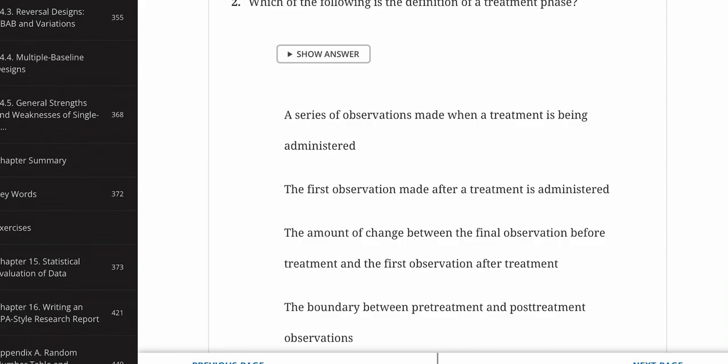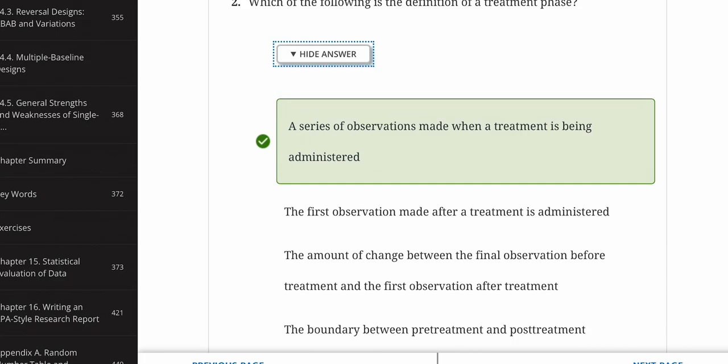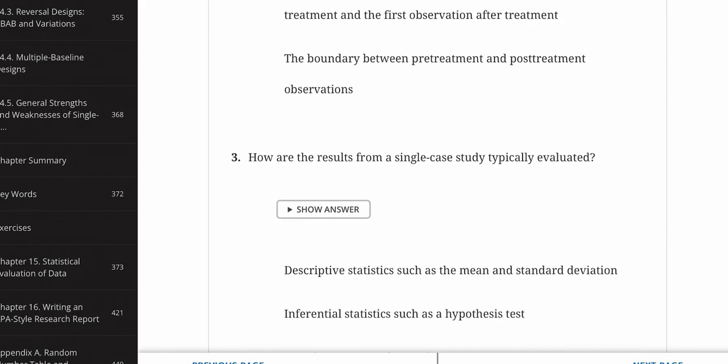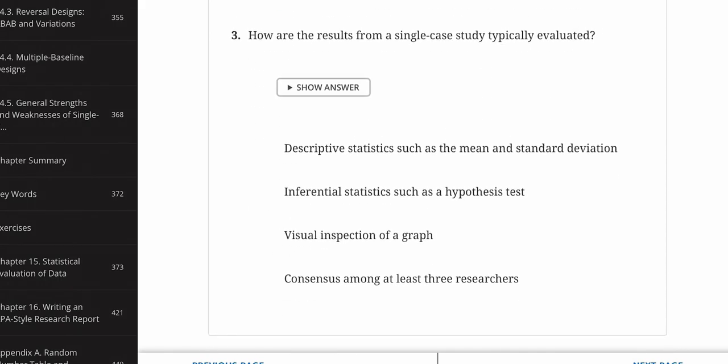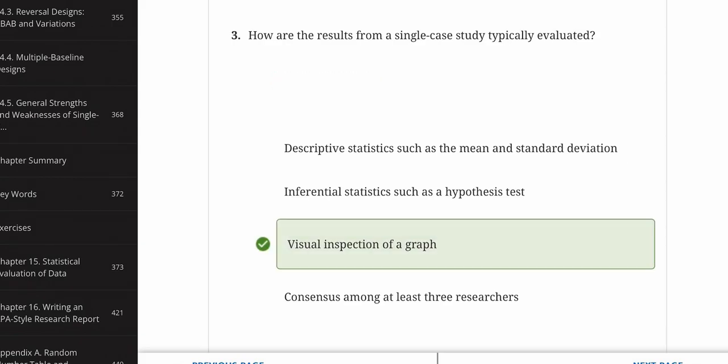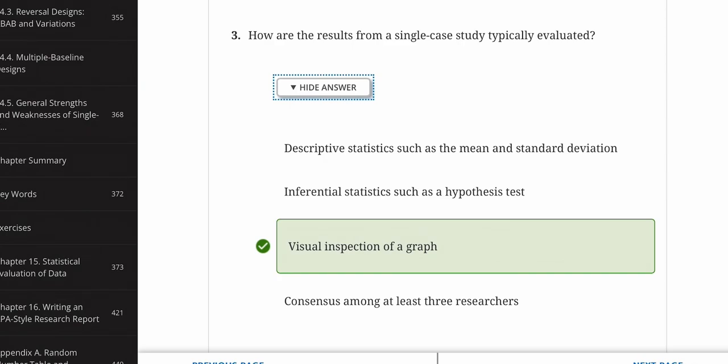And it's also not the first observation because it is a phase, so it has to be a series of observations. And the treatment phase, obviously, is when the treatment is being administered. And then last is, how are the results from a single case study typically evaluated? And hopefully from this video alone, you can realize that it is a visual inspection of a graph.